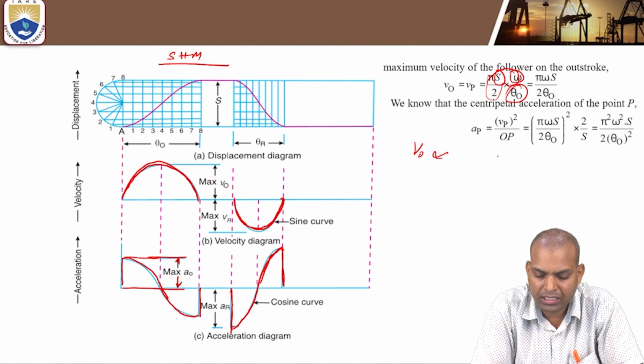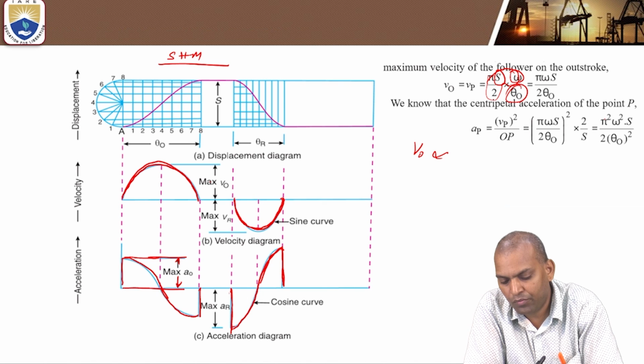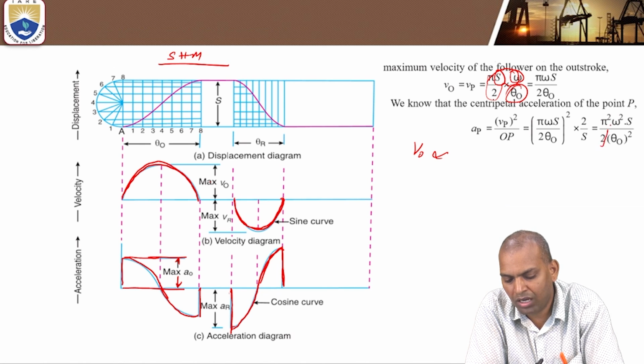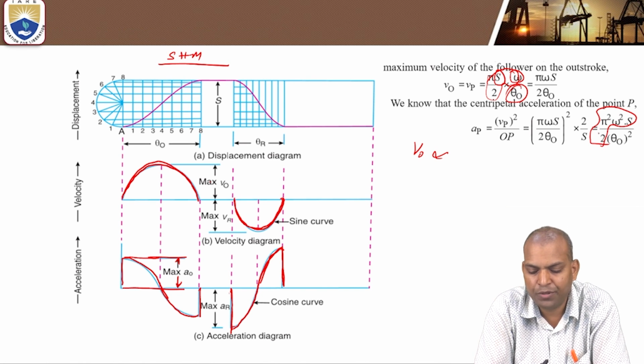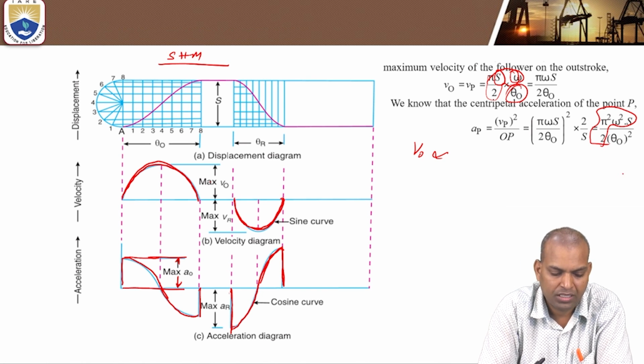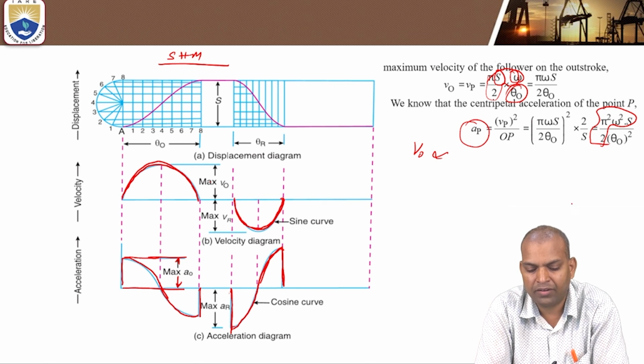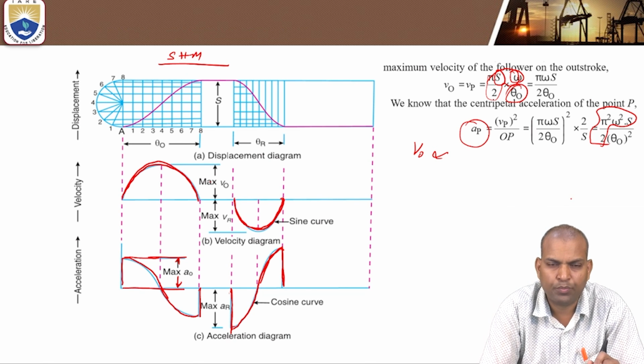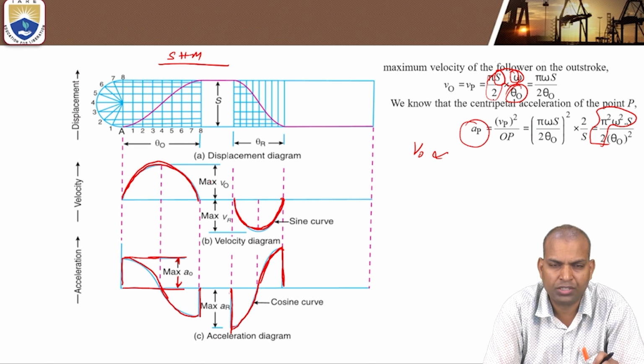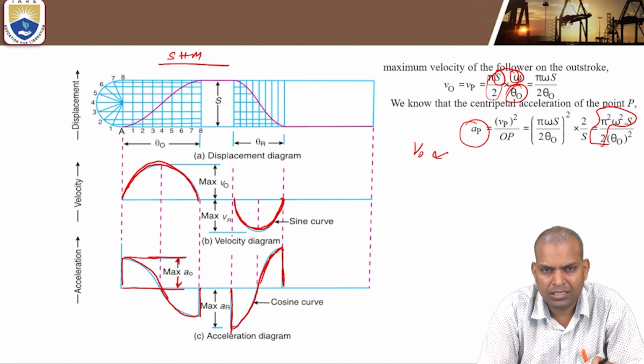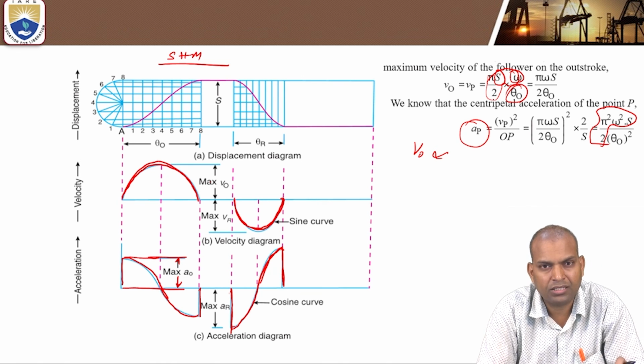Similarly, if you apply the concept, pi omega square S by 2 are constant. But what is the variable here? The outstroke angle is variable. So the acceleration of the point P during outstroke and return strokes gives cosine curves and the velocity curve gives sine curves.